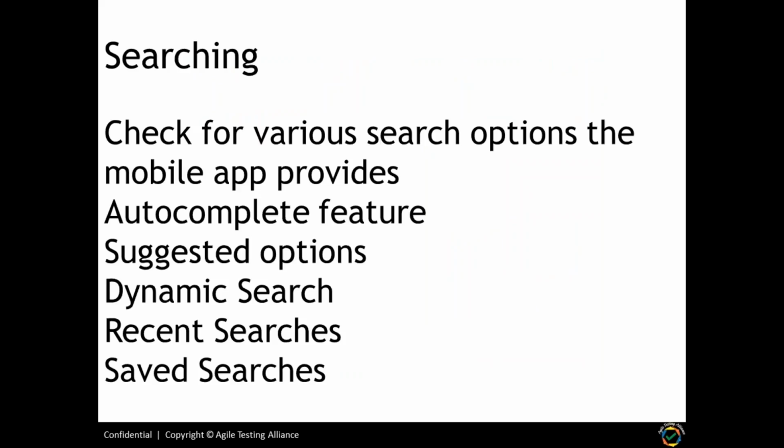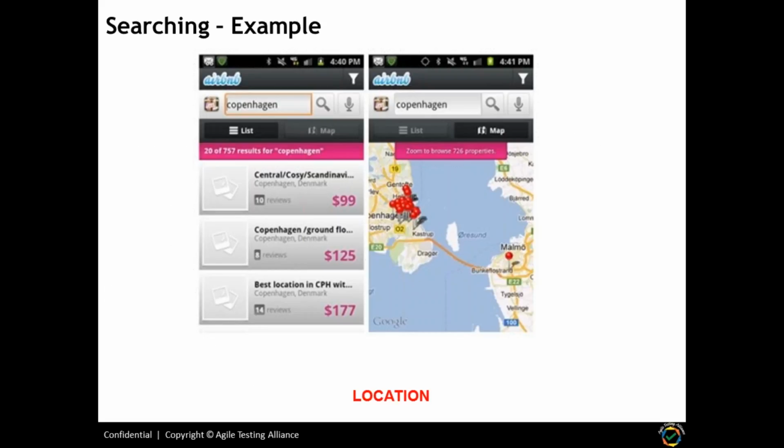Now we will look at the different search options which a mobile app can have, like autocomplete, suggested options, dynamic search, recent search, and saved search. What all things do we need to check, right? So normally when we do a search, for example, in this Airbnb app, when we search something, we get results, right?